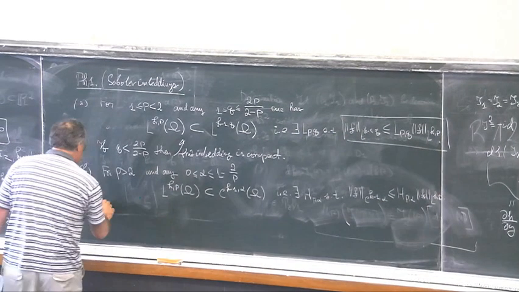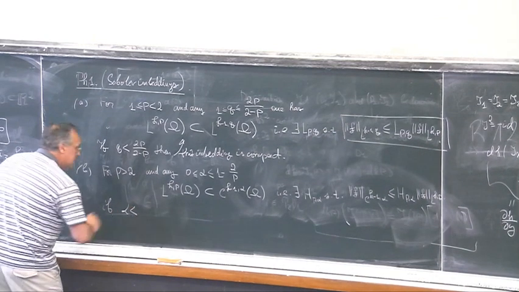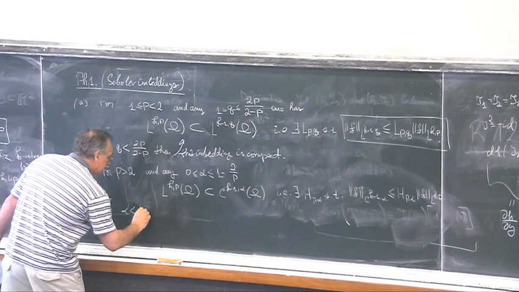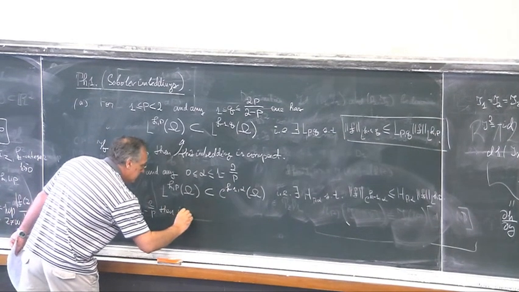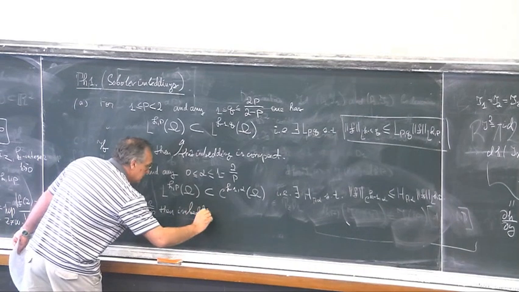Again, if alpha is strictly less than 1 minus 2 over p, then the embedding is compact.